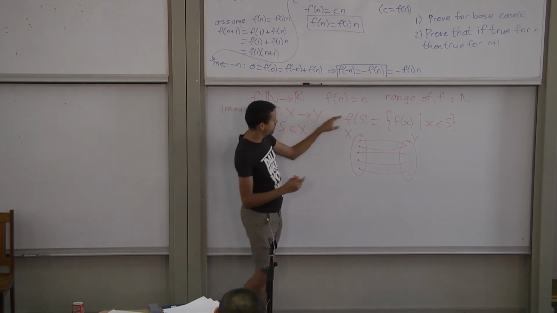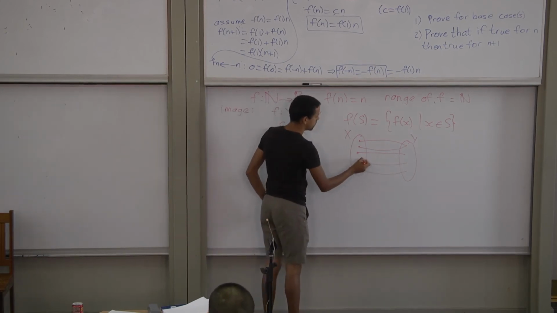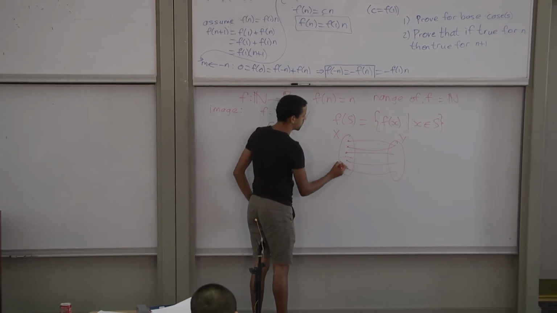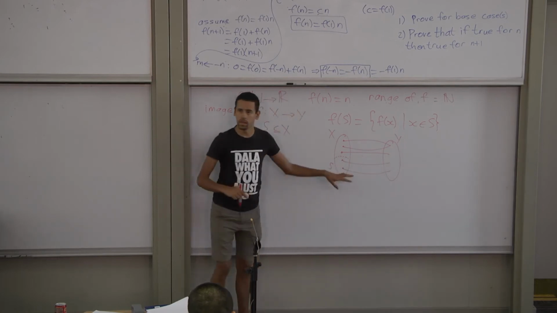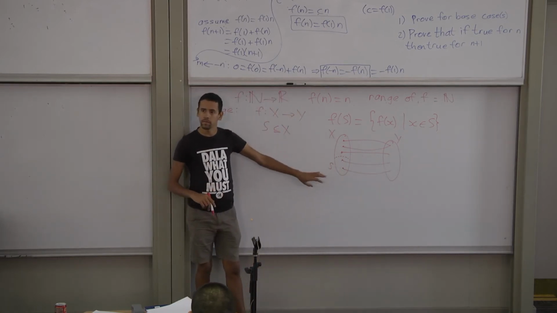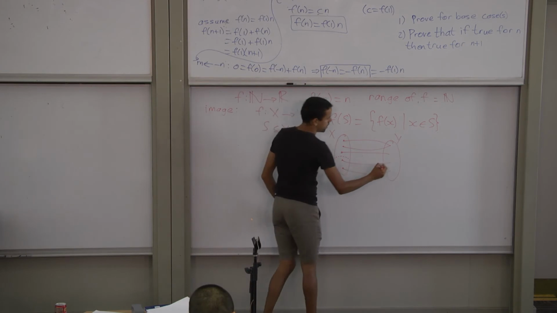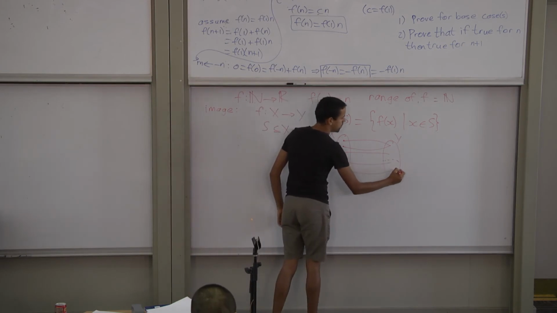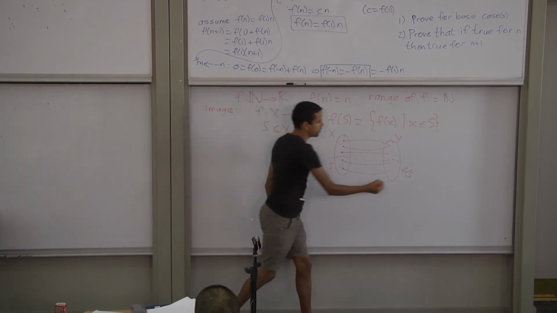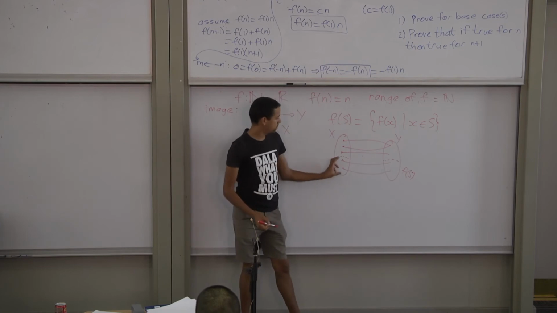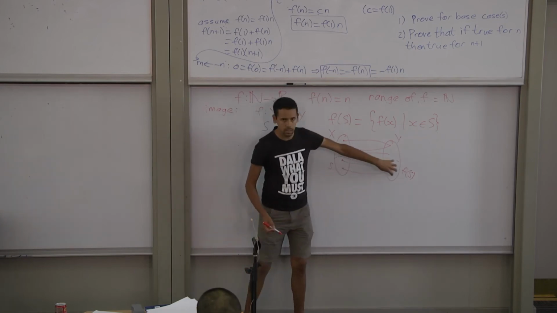Now your S might be the subset consisting of only these points in the lower half of x. In that case, f of s would only be the subset of the codomain consisting of all the values that come from the subset S.